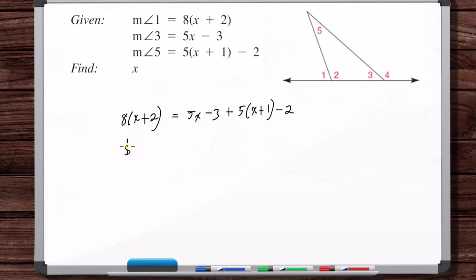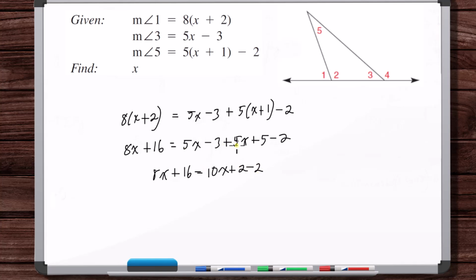All right, so 8x plus 16 is equal to 5x minus 3 plus 5x plus 5 minus 2. So 8x plus 16 is equal to 10x plus 2 minus 2, because 5x plus 5x is 10x, minus 3 plus 5 is 2. Okay, so 8x plus 16 is equal to 10x.